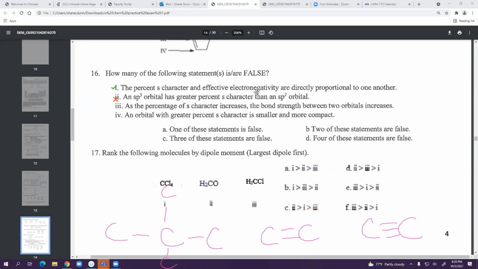Cool. So 1 is true, as S characteristic and electronegativity are directly proportional to each other. That guy is stable, right? It doesn't really want to react. However, if you threaten its stabilization, it freaks out.